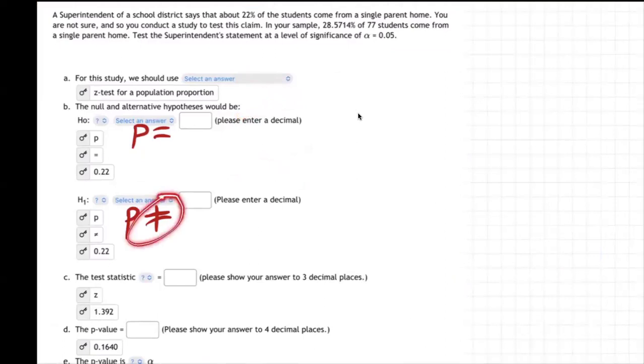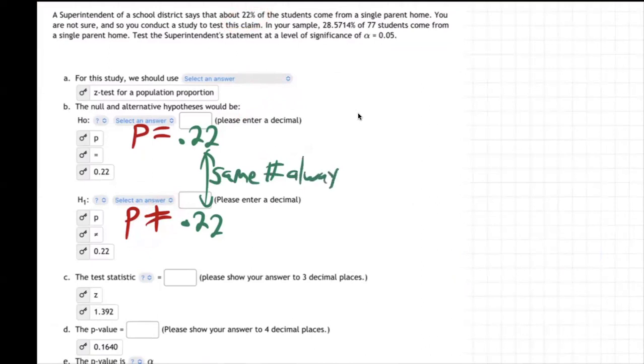You're testing whether it's not equal to what? Not equal to 22%. So it's going to be 0.22, and this is going to be 0.22. These, by the way, are always the same number. So we're saying, okay, the H0, the first attorney, that's called the null. This is the null hypothesis. The null is the zero.